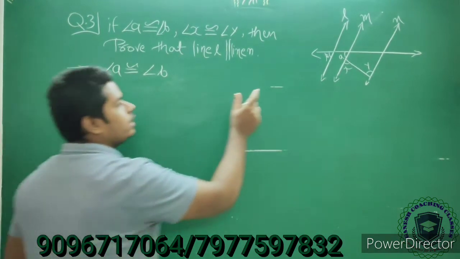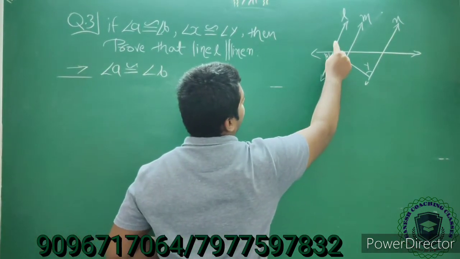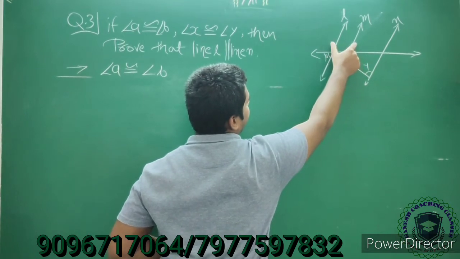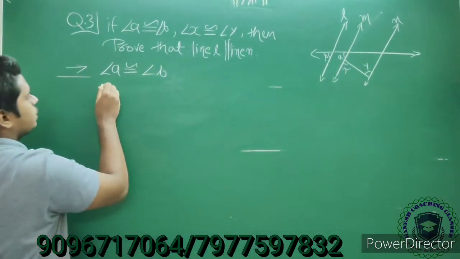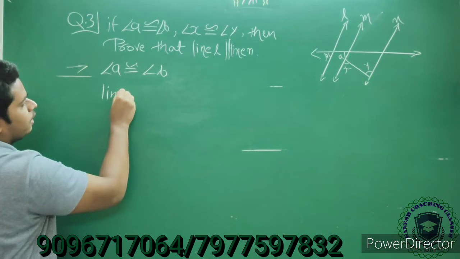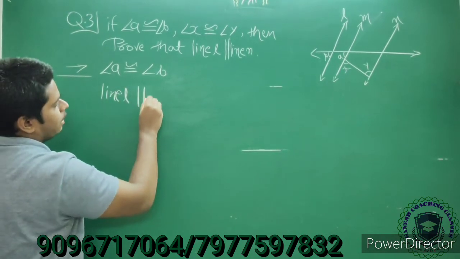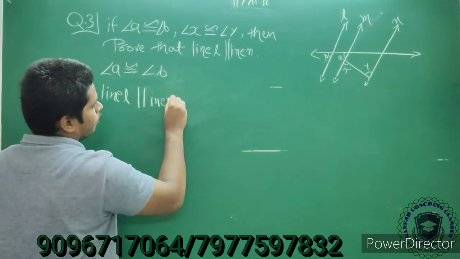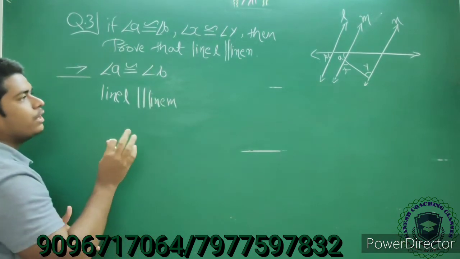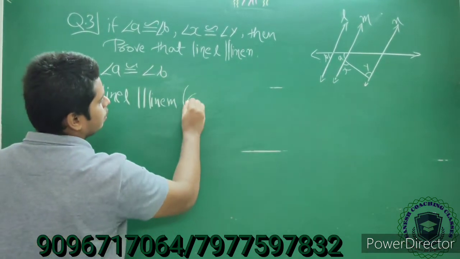If corresponding angles are congruent, then line L and line M are parallel to each other. So we can conclude that line L is parallel to line M.